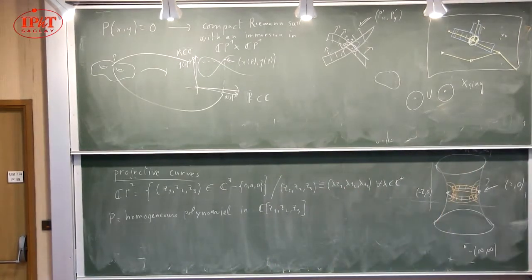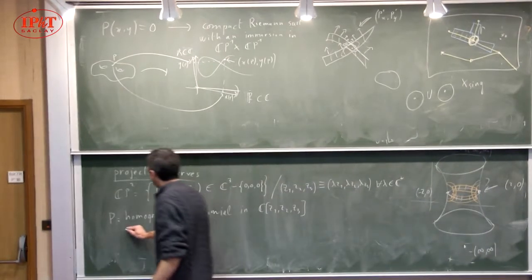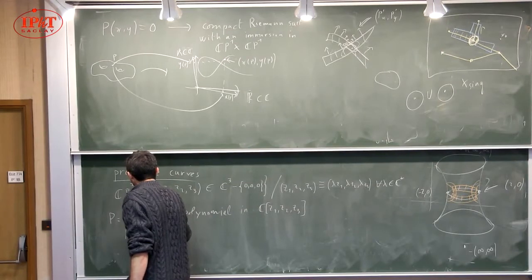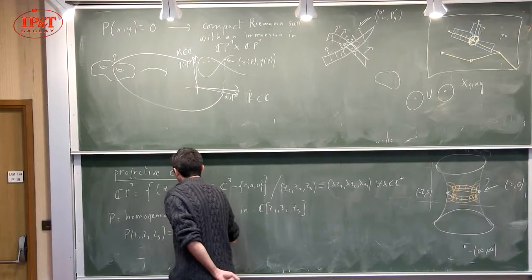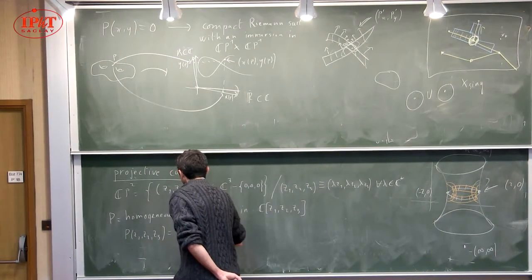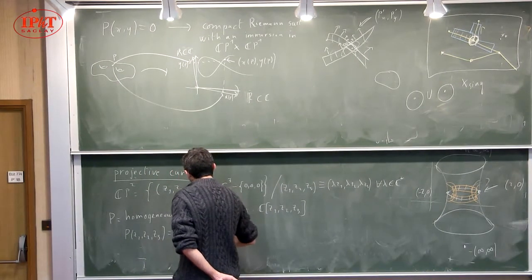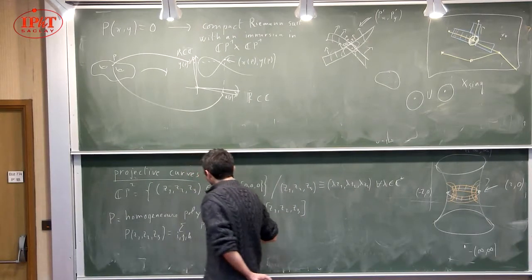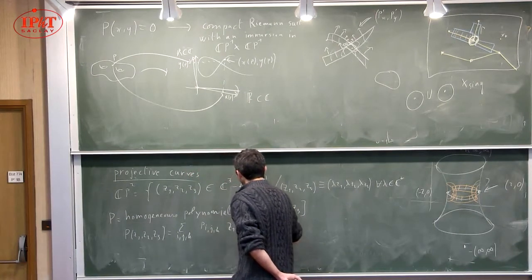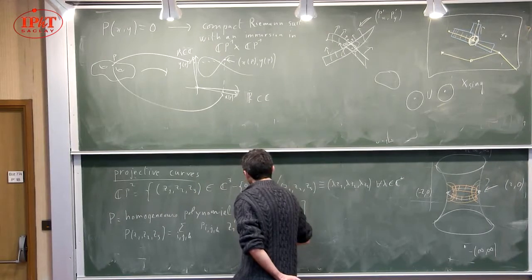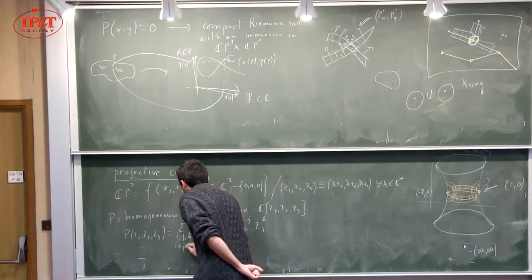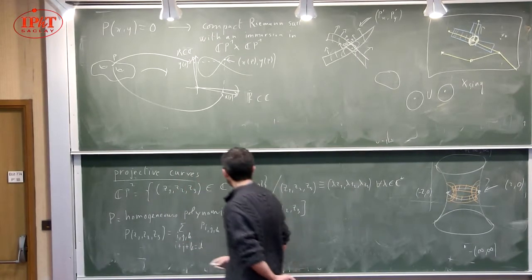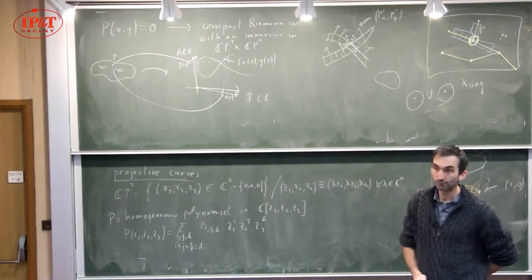So a polynomial with 3 variables, so that you can write P of Z1, Z2, Z3 equals the sum over I, J, K of P_IJK Z1 to the I, Z2 to the J, Z3 to the K, but with the condition that I plus J plus K is D.